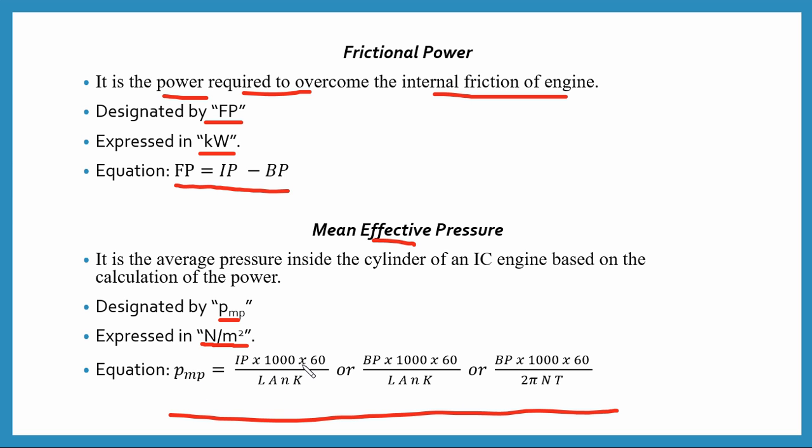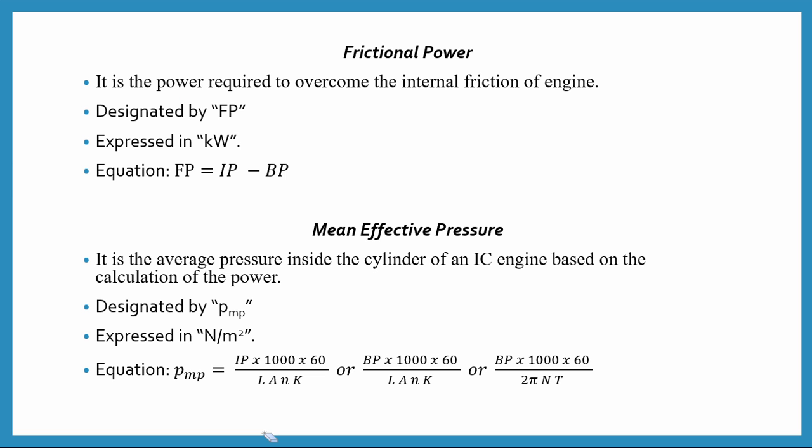From there we find out the PMP, and another equation is the brake power. We also find that brake PMP is equal to BP into 1000 into 60 divided by 2 pi NT. So in this equation we calculate the mean effective pressure. These are the important parameters which help to calculate the engine performance and the engine testing.